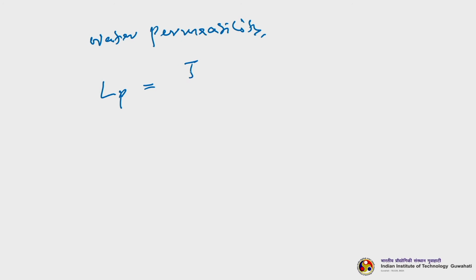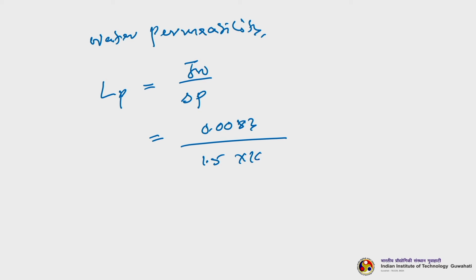So, now we have to calculate the water permeability, which is known as LP. So, LP equals Jw by delta P, that is, Jw equals LP into delta P. So, 0.0083 divided by 1.5 into 10 power of 5.